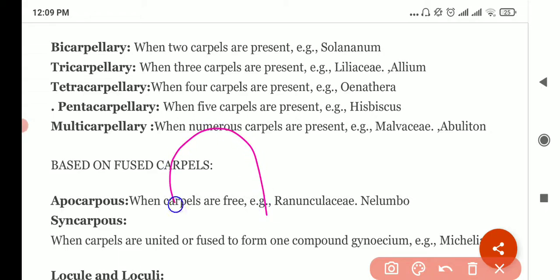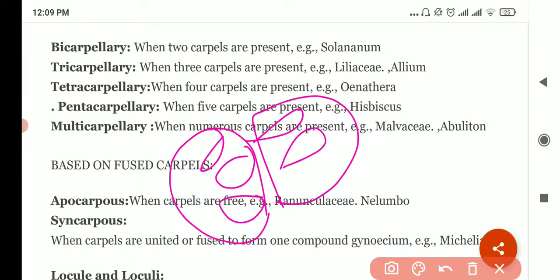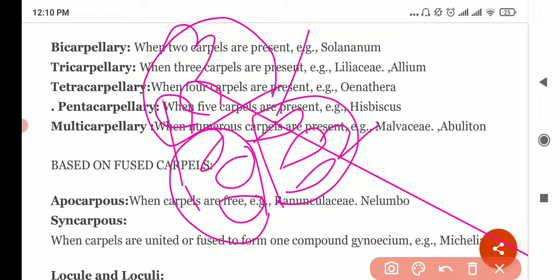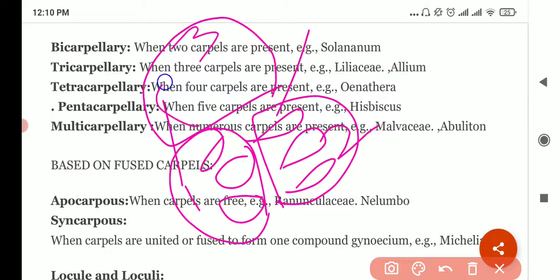So let's say this is one carpel and there are some ovules, and this is another carpel. These are ovules. So this is one carpel, this is another carpel, so it's bicarpellary. Then if there are 3 carpels, this is 1, this is 2, this is the 3rd carpel, and inside the carpel there are some ovules, that is your tricarpellary.